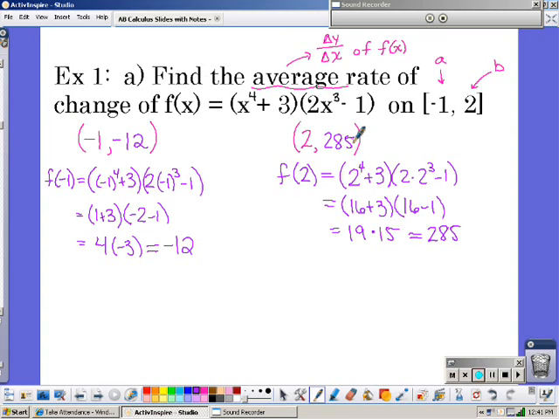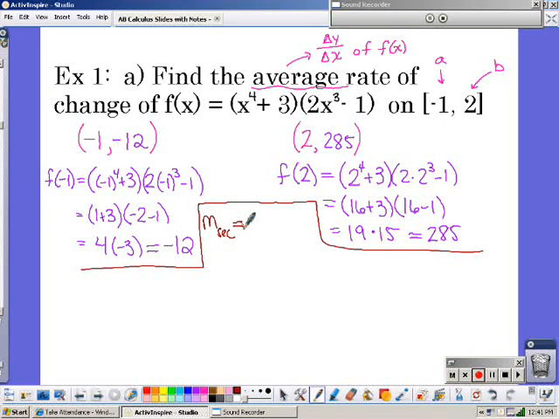Now we've gotten things set up, so we've found the 2 coordinates that we're going to use. Now we just have to use the formula that we just wrote down. The slope of the secant is going to equal my change in y's, so I'm going to scoop up my y values and subtract them, 285 minus -12, over my change in x, 2 minus -1.